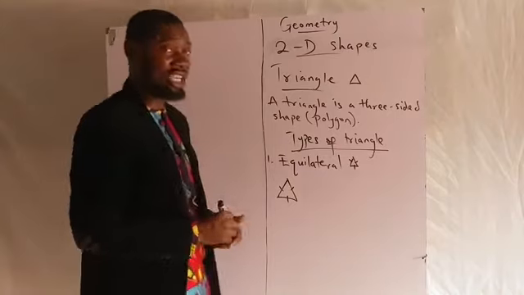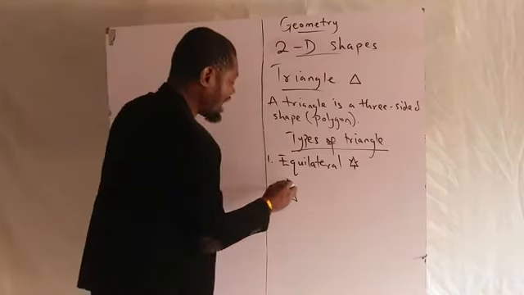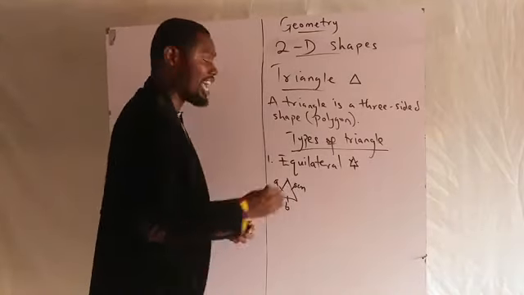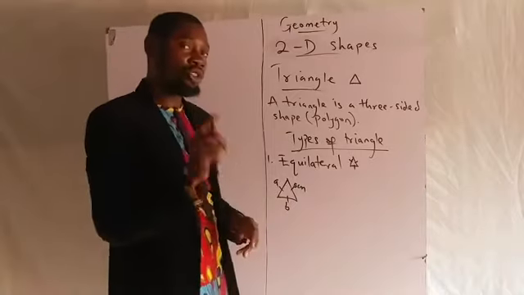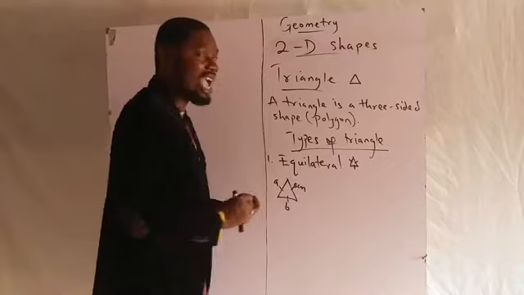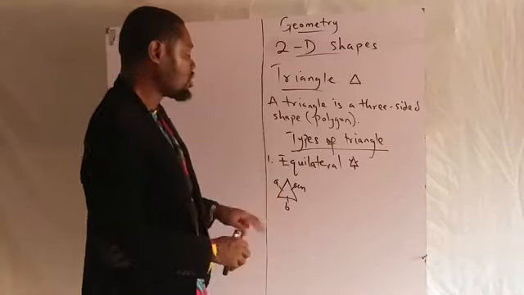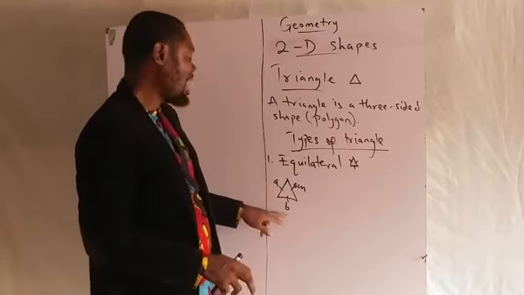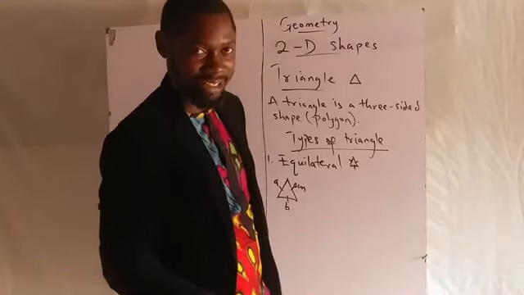If you're given such a problem, where here is 5 centimeters and here are A and B, and you're asked the values of A and B, do not stress yourself, because these lines show that the triangle has equal sides. Since here is 5 centimeters, then A will be 5 centimeters and B will be 5 centimeters. This is how simple mathematics is.